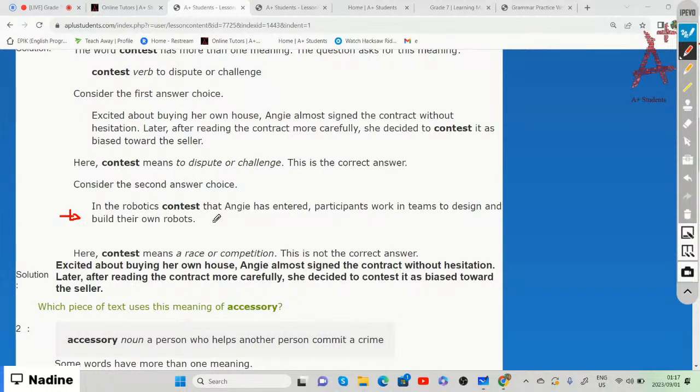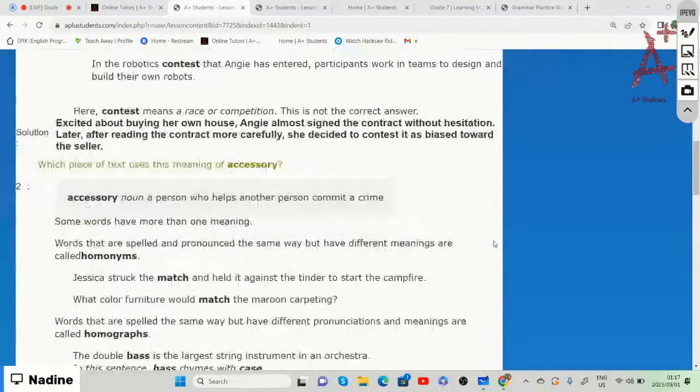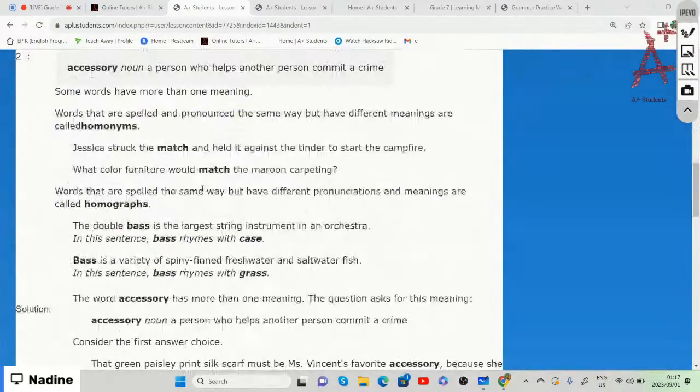All right, then we have accessory. Accessory. It's a person who helps another person commit a crime. And some words have more than one meaning.